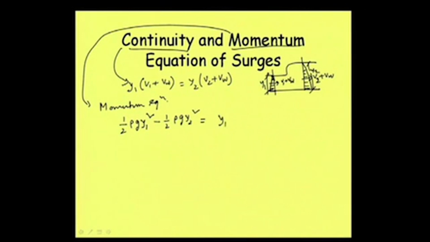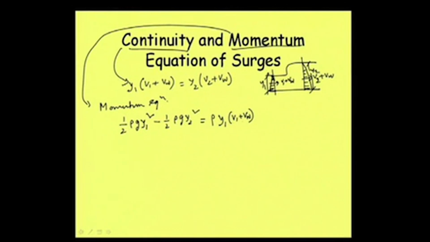So the discharge is equal to y1 into v1 plus vw, the velocity, and the area is y1 into width, but the width is 1. This is the volume flowing, and if we multiply it by rho, it becomes the mass flowing.